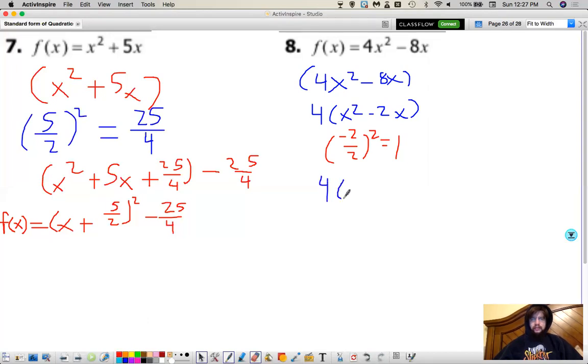Add that on the inside. Subtract a times that on the outside. Factor it. B over 2 is 1. There we go. Vertex is 1, negative 4.